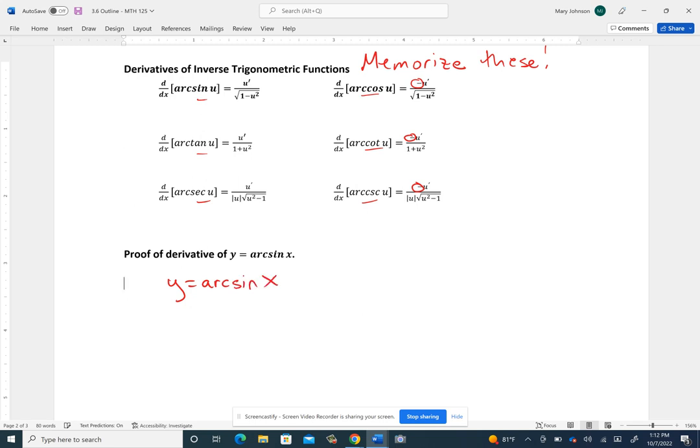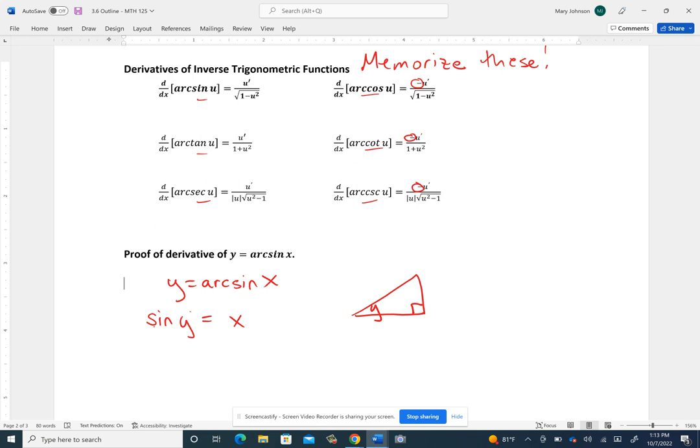All right. So y equals arcsine x means that the sine of y should equal just x. So if I did sine on both sides, I would wind up with sine y has to be x. Now I want you to think about your right triangles. Sine of y, where y is like the angle, so think about y being here.